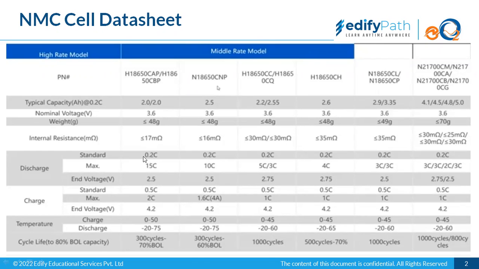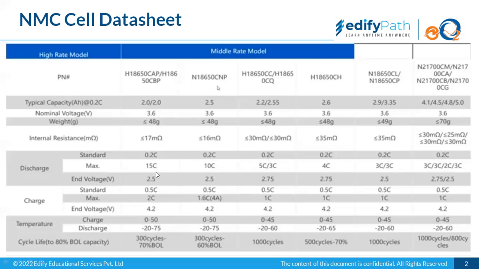For discharge rating, the normal standard discharge rating is 0.2 C. The C rating is a multiplication factor to the capacity of the battery at which we can safely discharge or charge the battery.